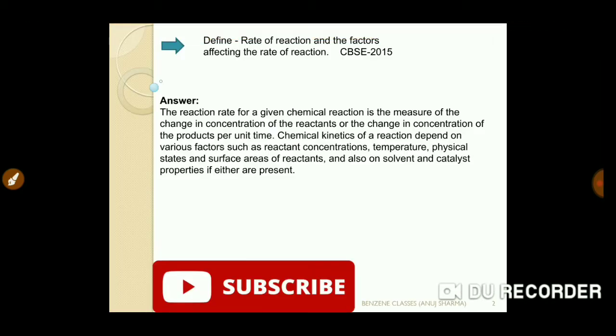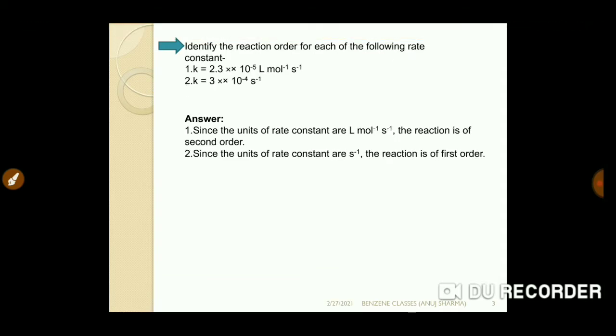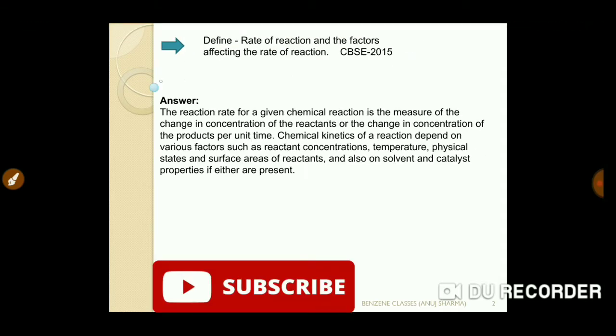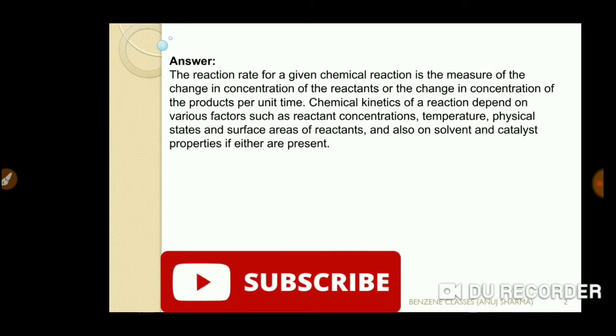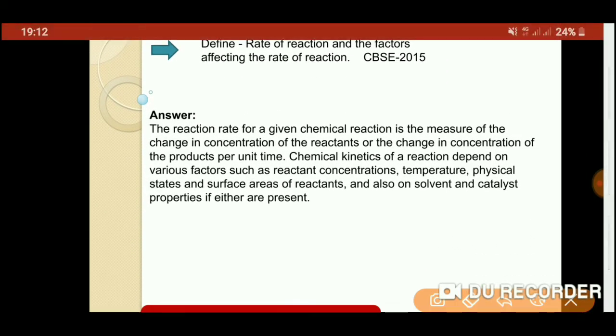The first question of the session is this: define rate of reaction and the factors affecting the rate of reaction. The question is saying that you have to define rate of reaction and the factors affecting it.